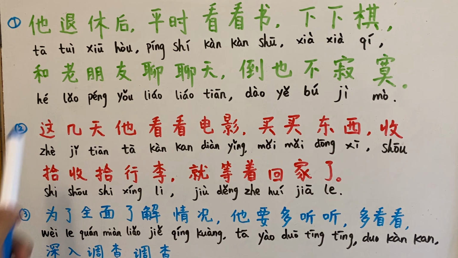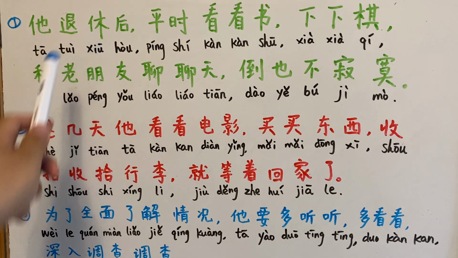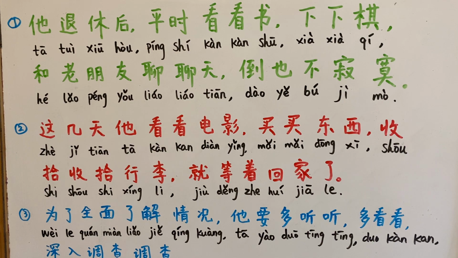But in Chinese, this 退休 is originally a verb phrase, but here it's an adverbial clause. So it is a noun phrase. It means after his retirement. So this 退休 actually is retirement, the noun phrase.